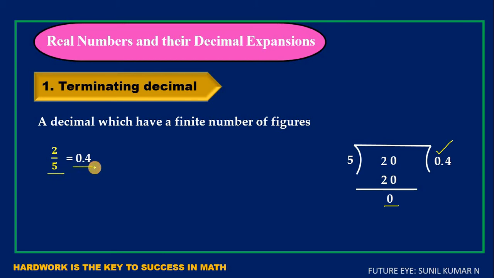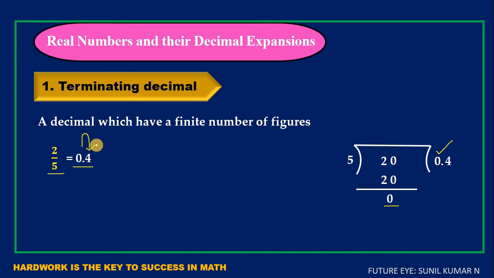0.4. Now tell me, does this decimal have a finite number of figures or not, and how to identify that? See here, after the decimal point how many digits are present. Here we can easily observe that there is only one digit.